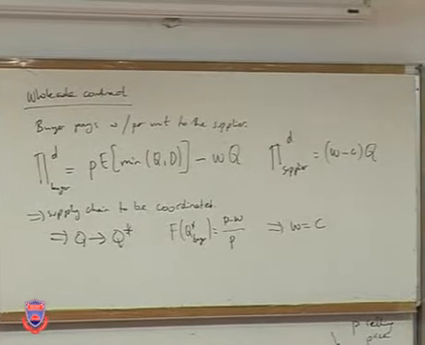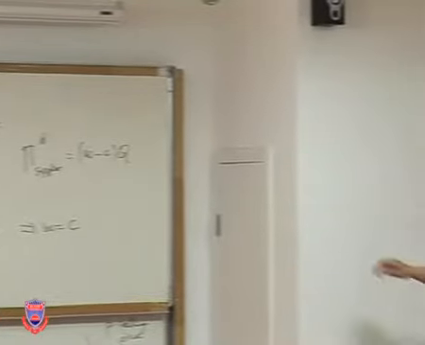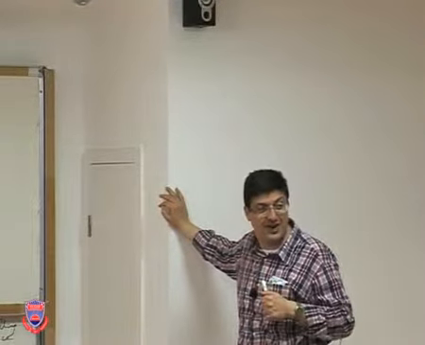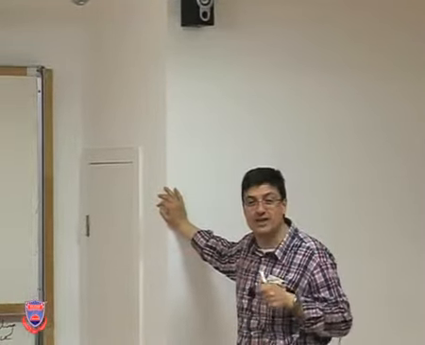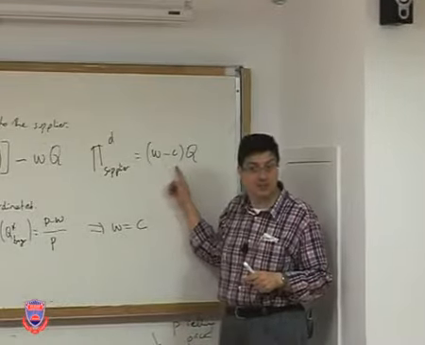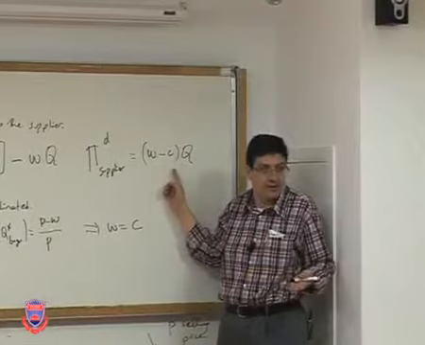So in that case, you can immediately see that in a wholesale contract, you cannot obtain the centralized solution. It's not going to coordinate the system. Why? Because the supplier will not be willing to cooperate in that case, of course.